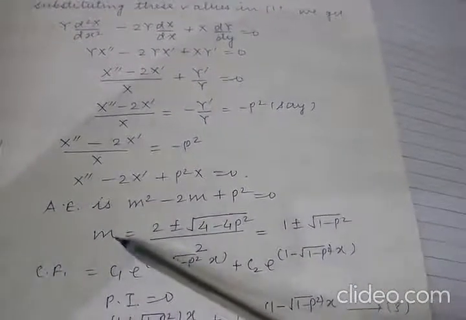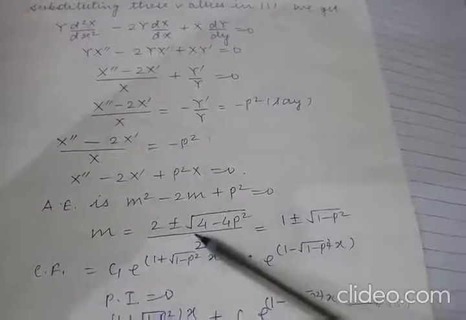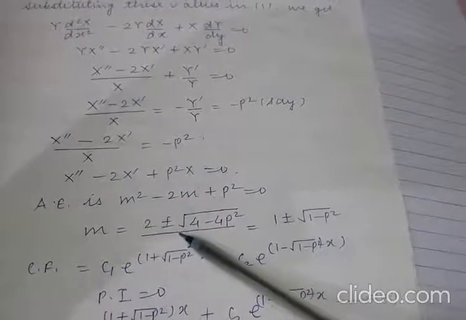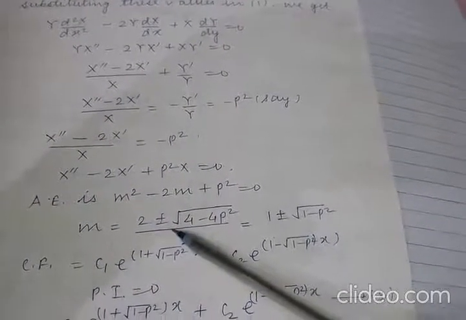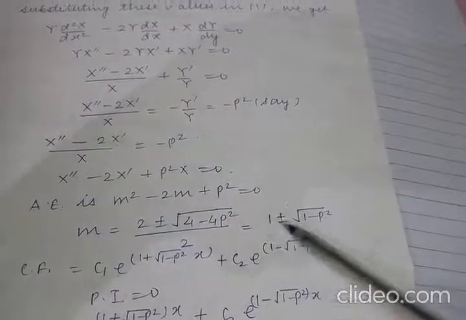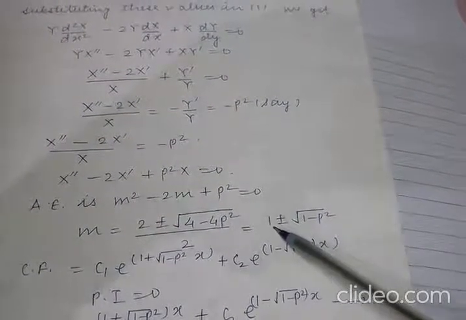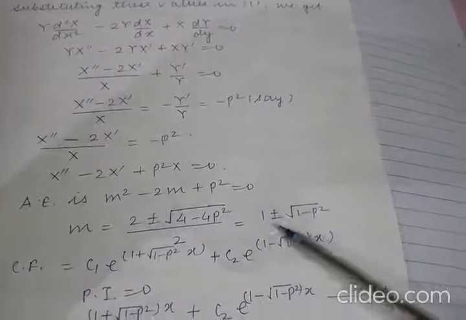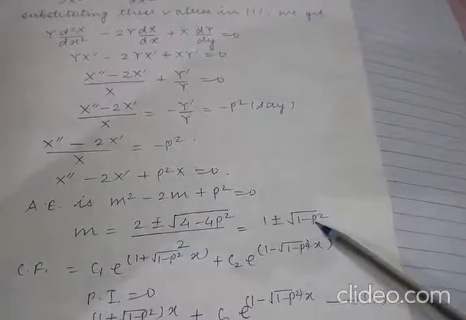Roots of this equation will be found by the Sridharacharya method, and we will obtain the roots of this given quadratic equation as 1 plus minus under root 1 minus p square.